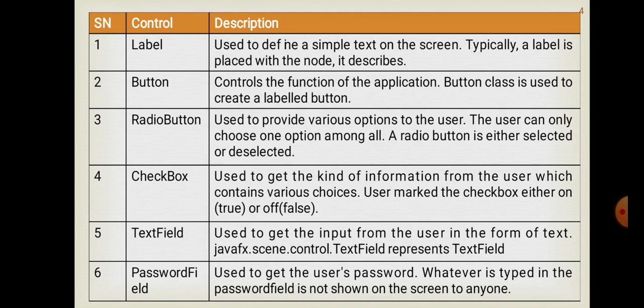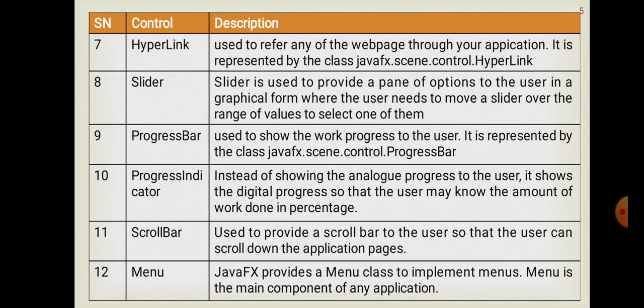And a password field, it is similar to the text field, but the difference is that the value which you are entering in that password field is not shown to the user. Consider when you are typing your Gmail password, it will not be visible to the user, right?